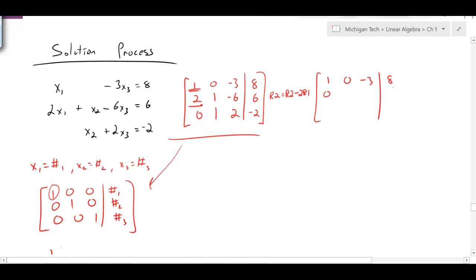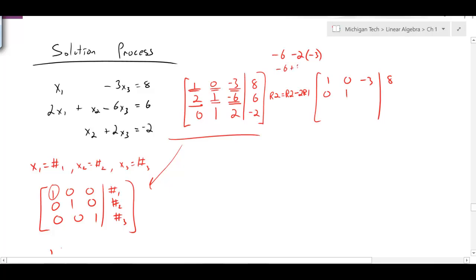So I'm not changing my first row at all. So I will simply write those values in. I'm taking the second row value minus 2 times the first row value. 1 minus 2 times 0 is just 1. Minus 6 minus 2 times minus 3. Sometimes I'll write these values out so I don't mess up my addition. So negative 2 times negative 3 is positive 6.